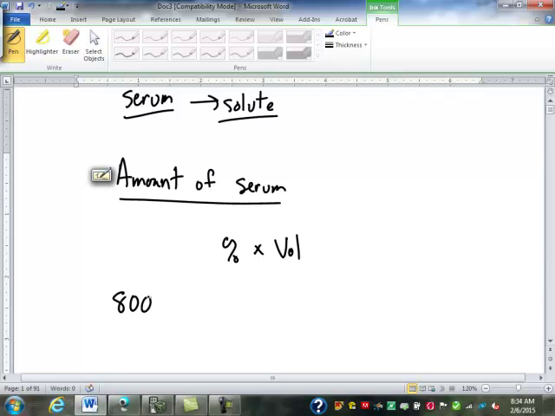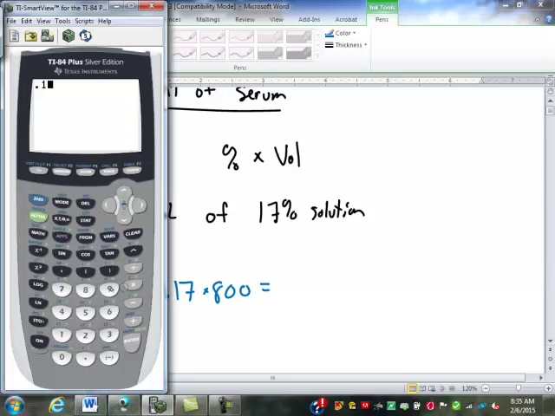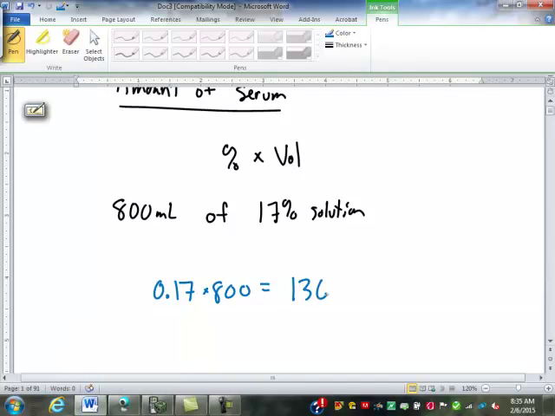So if we have 800 milliliters of a 17% solution, that means that the amount of serum in that solution, 17% is 0.17 as a rate, times 800 milliliters, is 136 milliliters of that serum, of whatever that medication is.